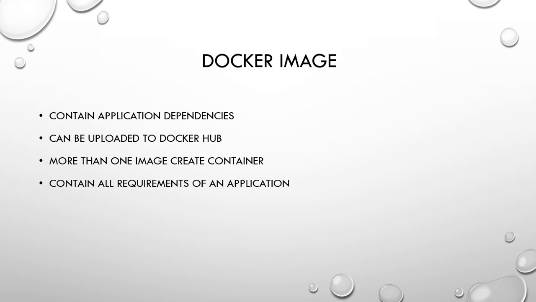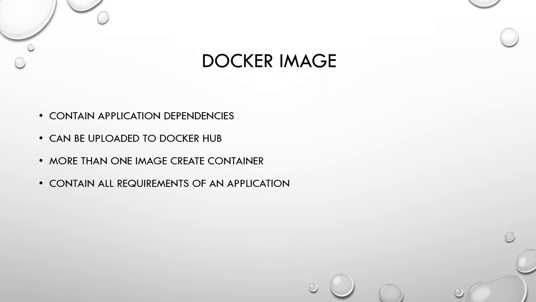More than one image can create a container. Docker images are read-only templates used to create containers. As we discussed, the Docker image has all the dependencies required for an application, or we can say for a microservice.